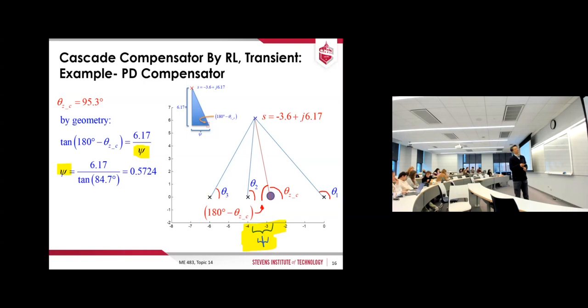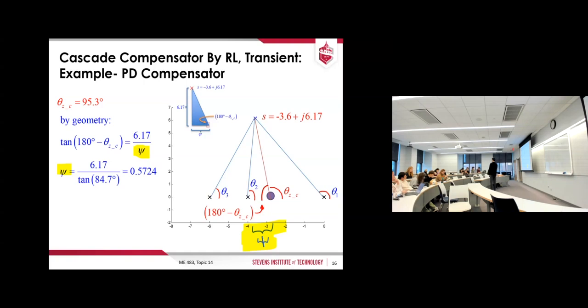We move c here and the tangent component over here. You calculate it: c is 6.17 divided by tangent 84.7 degrees, which equals 0.57. So c is 0.5724.